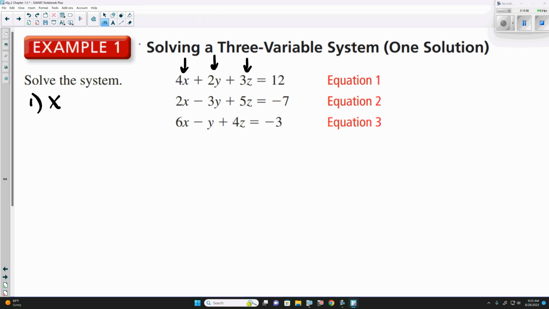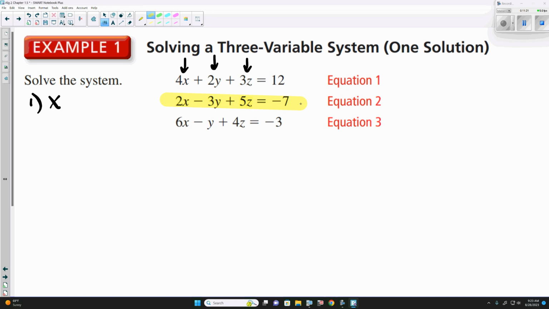But all we're doing, because again, we're going from 3 equations with 3 variables, once we do this, we'll have 2 equations with 2. Now we need an equation to actually cancel that one out. And I'm always going to pick the one that has that smallest variable. If there's more than one with it, it's dealer's choice on which one we use. We're going to pick one of them.